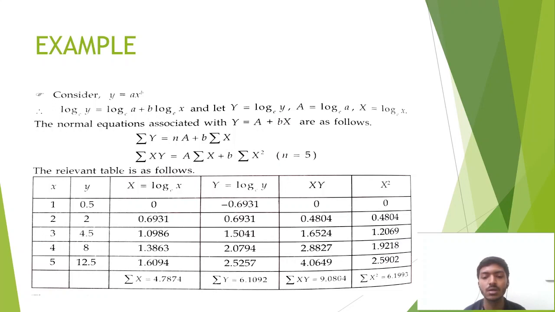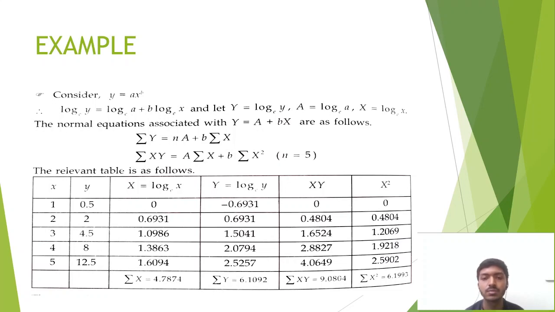Similarly, we have calculated the values of capital X square. Here capital XY values are calculated by multiplying the values of capital X and capital Y. Basically we are multiplying log of x to the base e into log of y to the base e. Then we calculate capital X square by squaring the value of log of x. Then we find out the summations for each of the following cases.